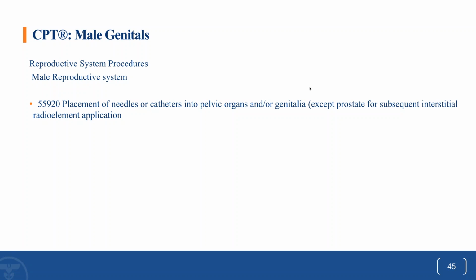The last thing that was introduced not too long ago, if you look on page 347, page 347 are going to be the intersex surgery, and that's male to female, female to male. So there are CPT codes for that. And yes, some insurance companies do cover it.